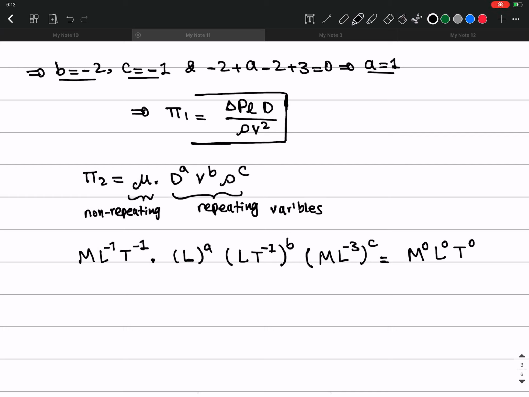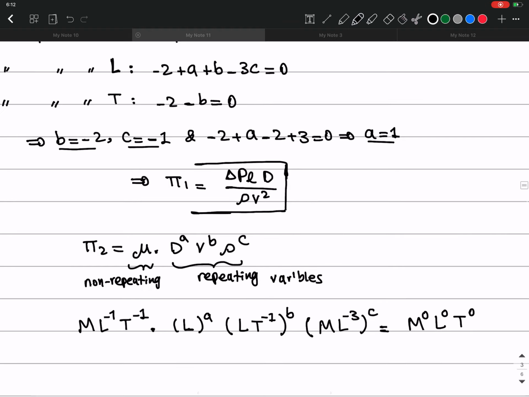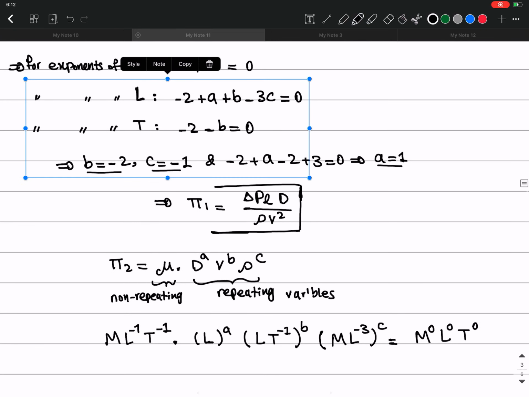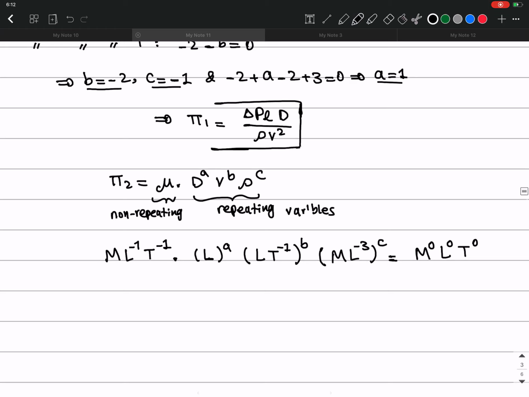So this is going to give me three equations again. So for M, we again have M, which is 1, plus c equals 0. For L, we have minus 1 plus a plus b minus 3c equals 0.